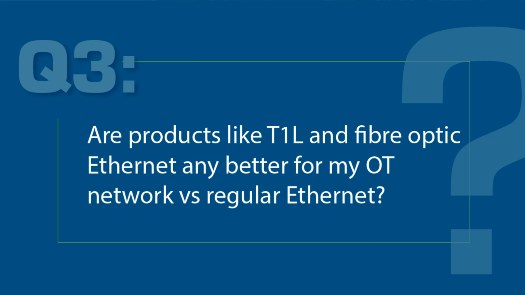I know a lot of people have been talking about the development of T1L and fiber optic links as really viable replacements. Well, this is perfect because if there's someone who knows something about fiber optic links, it's probably Ping. So I wanted to ask you, T1L and fiber optic links: do you think that these will be good options for OT networks versus regular Ethernet or serial connections from MSTP?